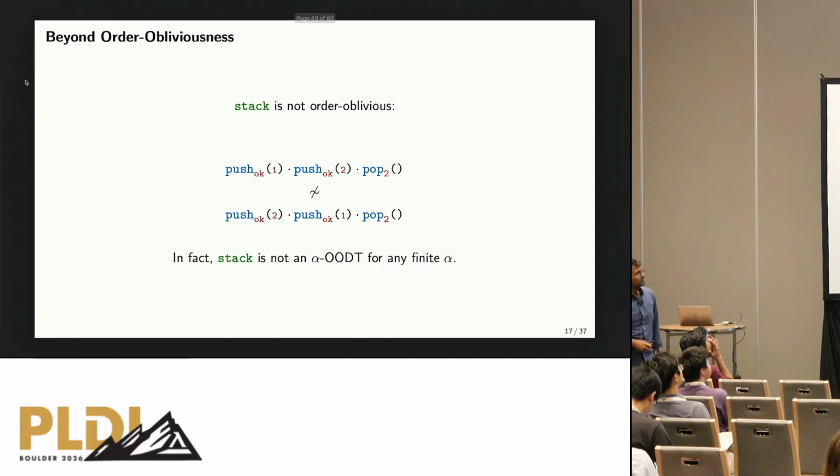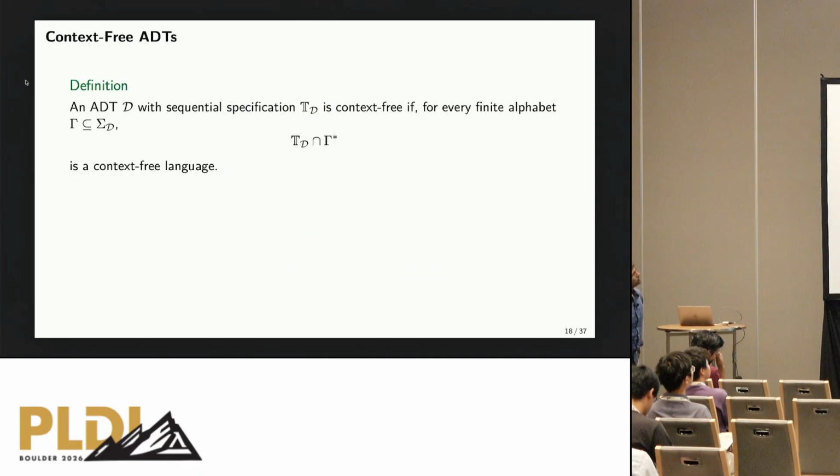In fact, it is not alpha OODT, no matter what alpha I pick. So what do we do? Well, we come up with a new class of data structures for which language reachability is nonetheless polynomial time solvable. We call this the CFL ADT class, and the formal definition roughly says that if you can come up with a grammar for your specification, then the data structure is a CFL ADT.